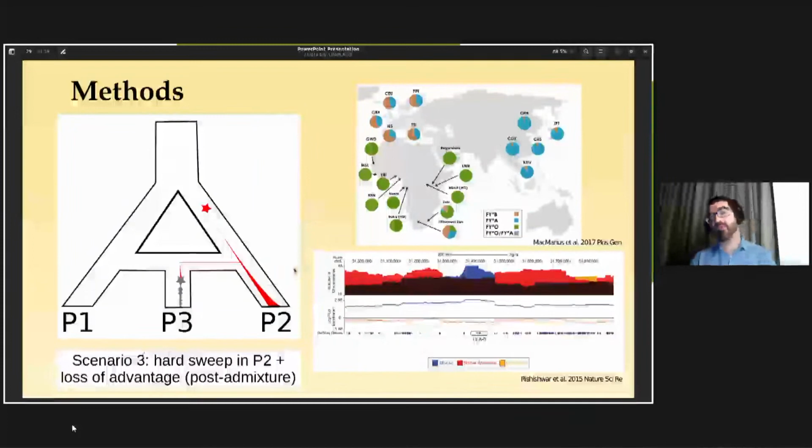In scenario 3, we were wondering the same thing. What happens when one of the source populations has an adaptive mutation, but after an environmental change, that mutation is not useful anymore? What happened, for example, with African American populations when some of the source populations, 400 years ago, when Africans were enslaved and transported to North America, had certain adaptations against malaria, and malaria is not present in North America?